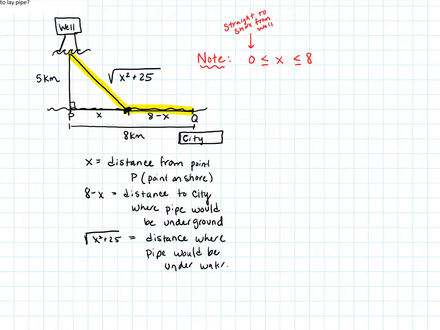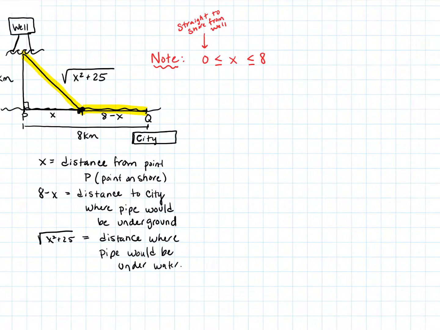And if x was actually 8, that would be the scenario where we go straight to town, or straight to the city. Underwater. Okay?